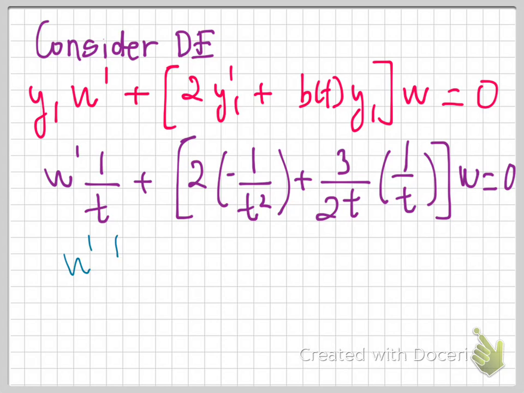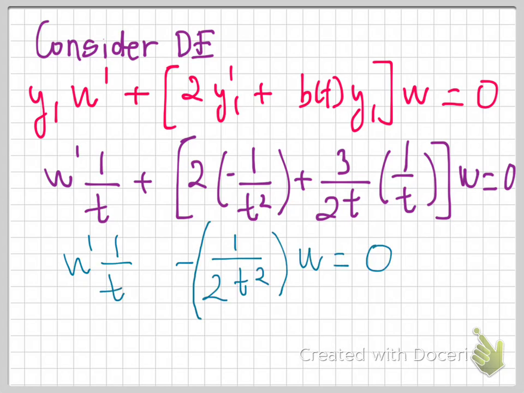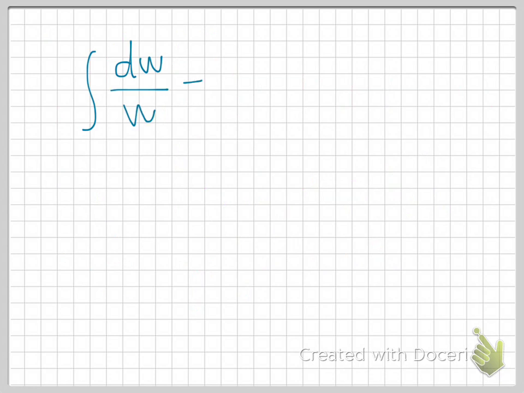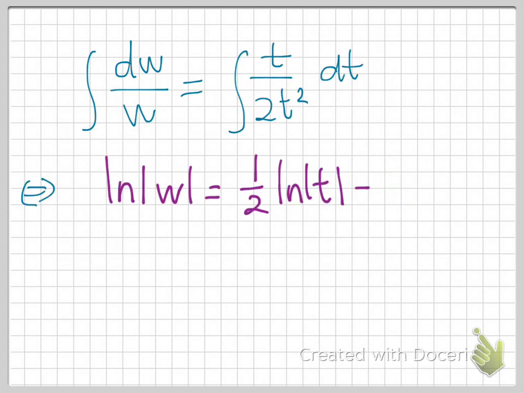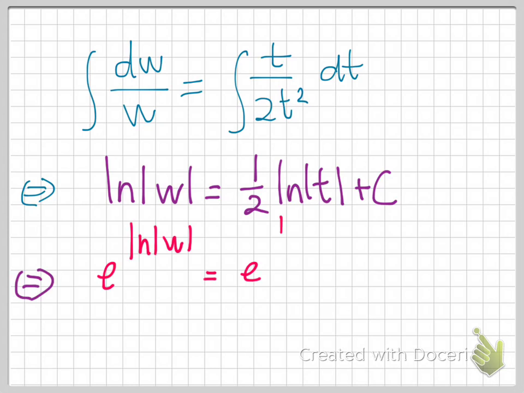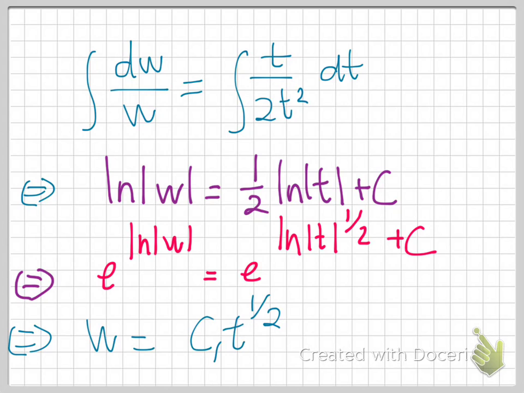Then the next step is to solve for w. It is a separable equation, and you can get to this equation. You separate it to two sides and integrate both sides to get w. The result for w is w = C1 t^(1/2).